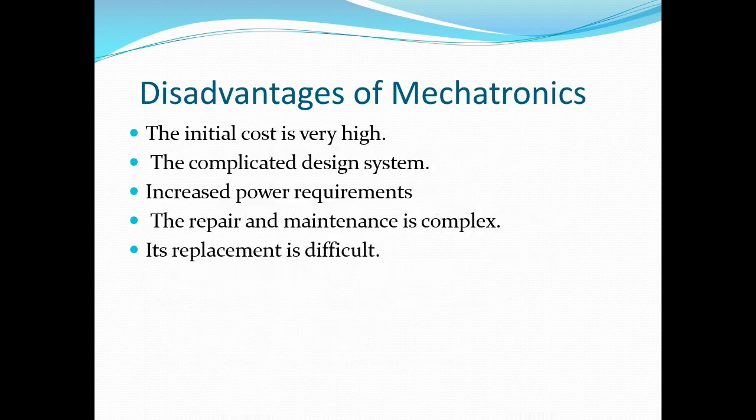Repair and maintenance becomes complex because we have to identify whether the problem is in the mechanical system or electronic system, or when it is integrated, it becomes a problem we will not come to know easily. So repair and maintenance is complex. Its replacement is difficult. Yes, once it is established, since the initial cost is high and repair and maintenance is also complex, replacement is not very easy.